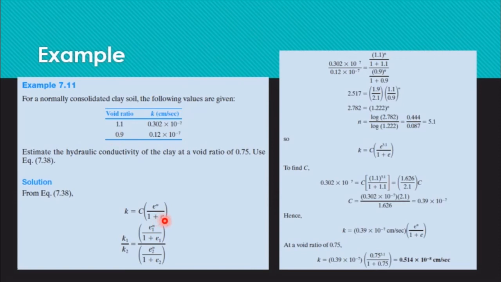You can solve for C and N. Then, pag nakuha mo na yung N and C, gamitin mo ulit yung equation na to. And then, substitute mo ngayon yung value ng void ratio na pinapahanap yung hydraulic conductivity. Then, you will get 0.514 times 10 to the negative 8 cm per second. Okay, so, ganun lang siya.